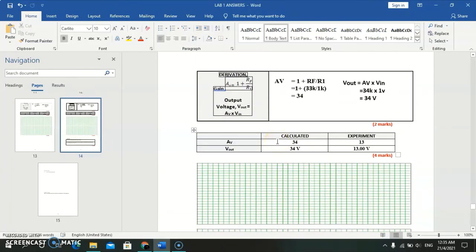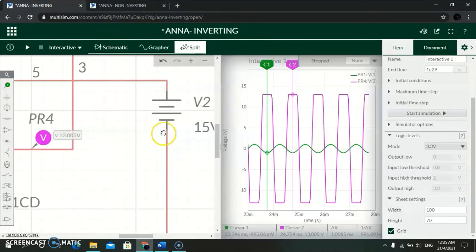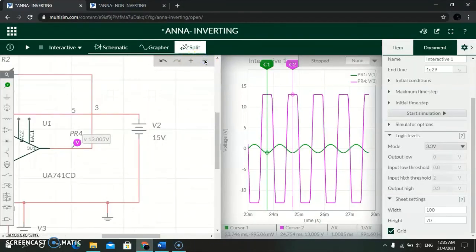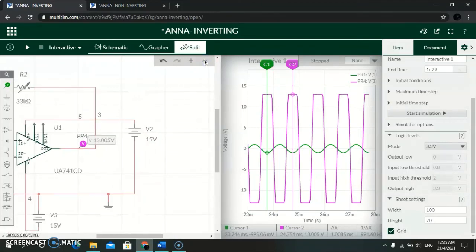For inverting, the input is applied at the negative terminal and positive is at ground, while for non-inverting, the input is applied at the positive terminal and negative at ground. The value of RF is also changed, and for 33K ohm we get a clipped waveform.